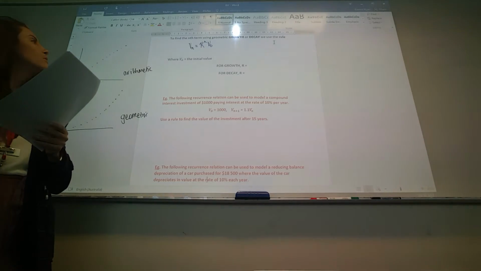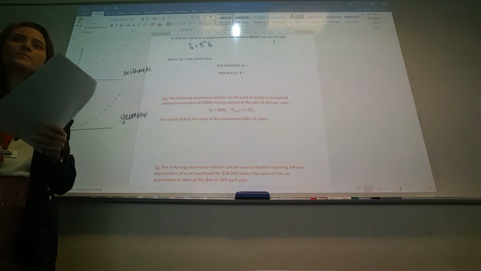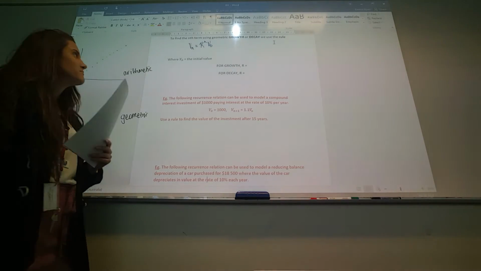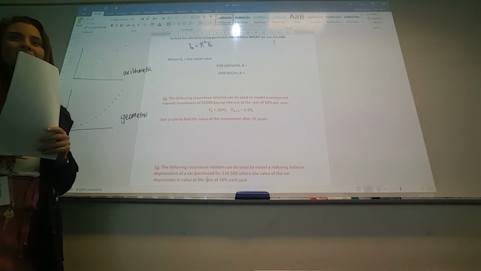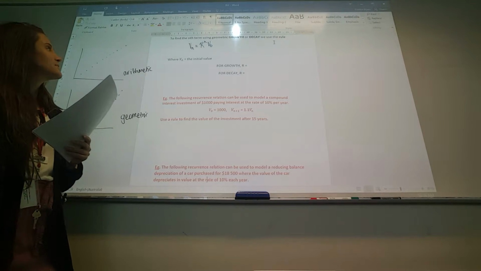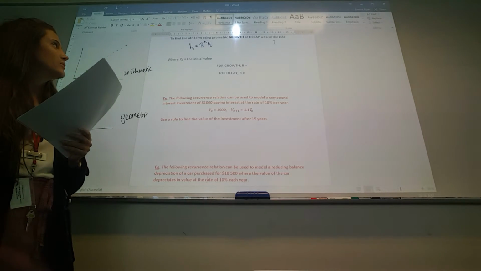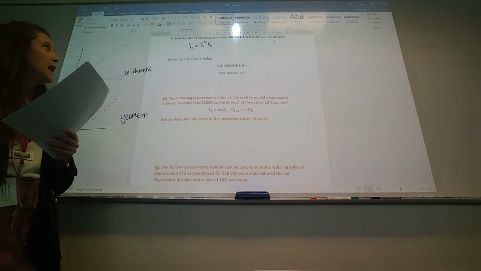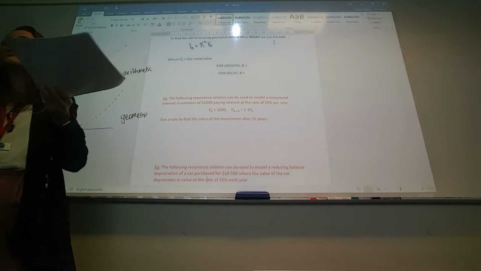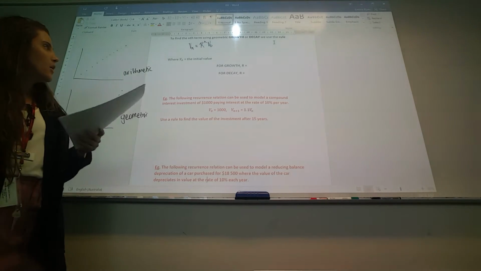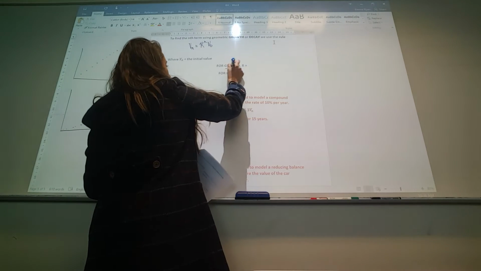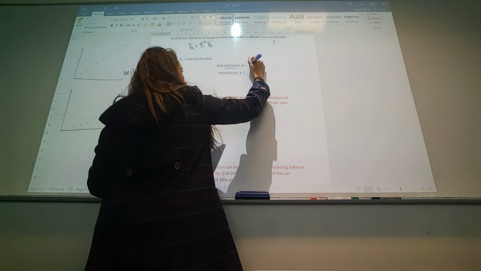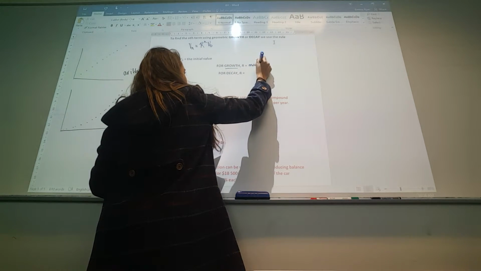What's the big R? The ratio. Put it in small r if you want. So r is the ratio. n is how many, or what year or what term we want to find. Alright? If we are growing, our r must be bigger than 1.